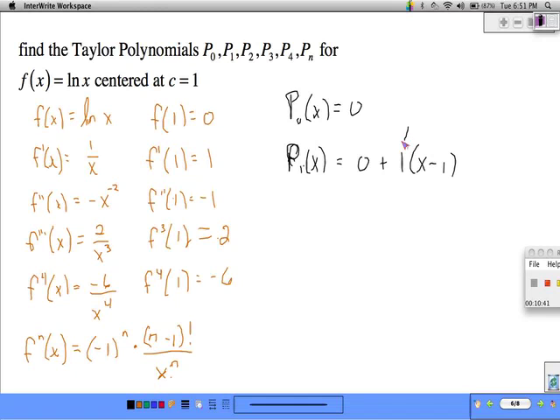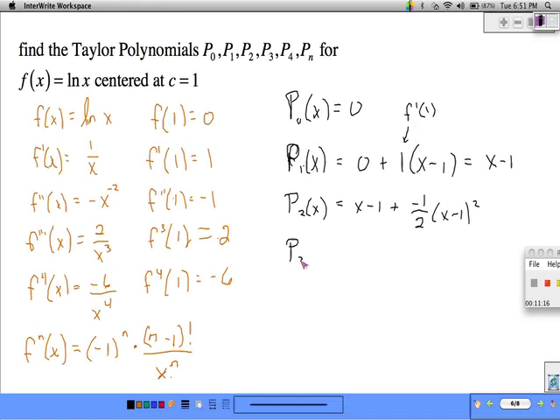This would be f prime of 1 and then x minus the c value. In other words, just x minus 1. The 2nd-degree polynomial would be that x minus 1 plus negative 1 over 2 times x minus 1 squared.